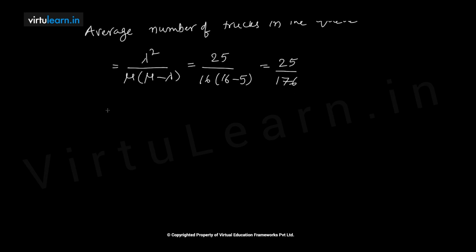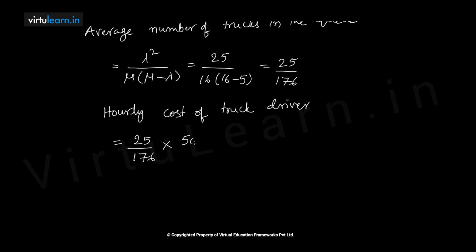Now we will find the hourly cost. We will find the cost of truck drivers as well as the hourly cost of the workers, so that when we sum both of them we get the total value.